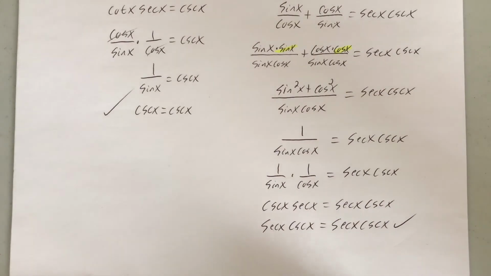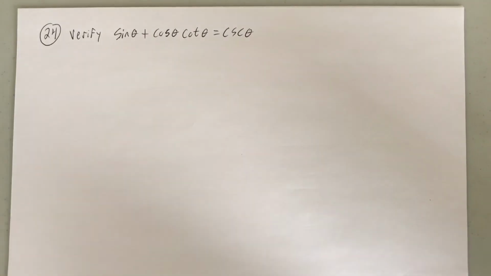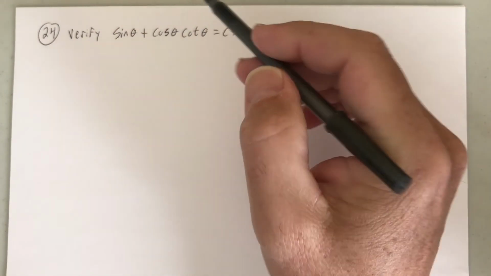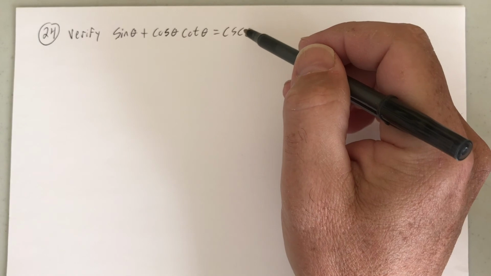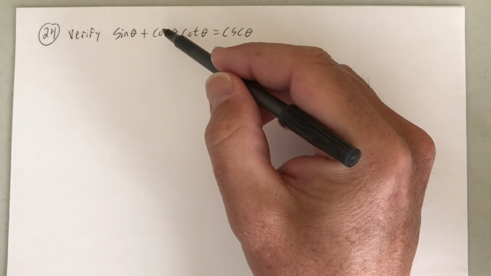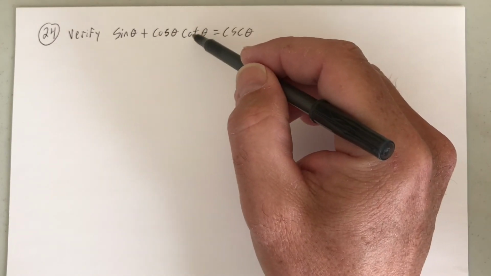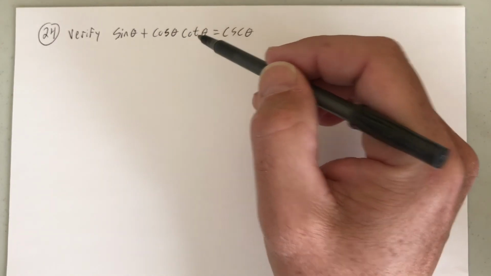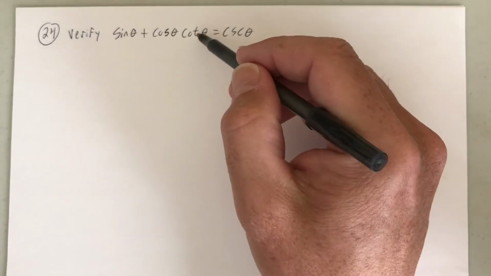Good. All right, so let's go ahead and take a look at number 24. All right, so looking at number 24, you can see we're going to have to simplify this to get it to equal cosecant theta. So what I'm going to do here is I already got some sines and I got a sine and cosine, so I'm going to change the cotangent to cosine over sine.